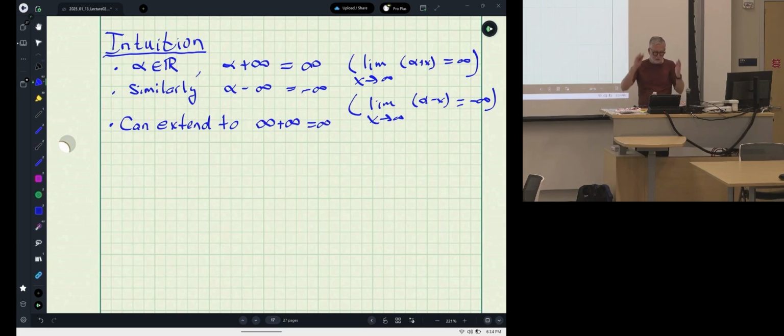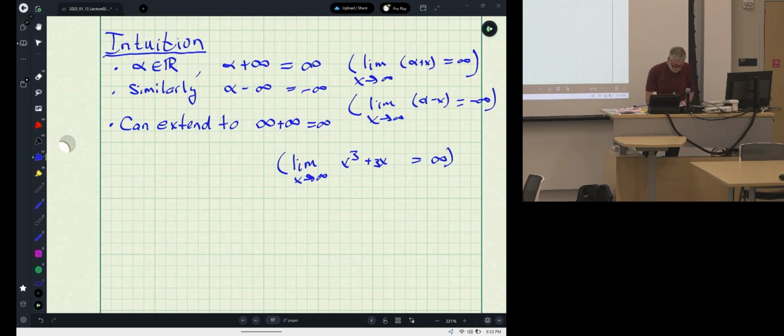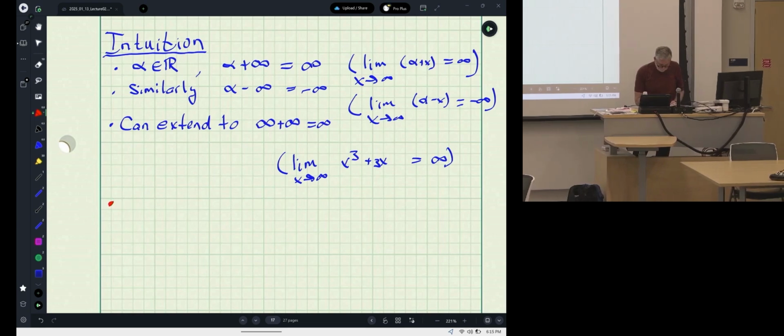And it's because no matter what quantity, this could have been the limit as x goes to infinity of x cubed plus 3x. If I break that up, the limit as x goes to infinity of x cubed is plus infinity, and the limit as x goes to infinity of 3x is infinity. The whole thing is infinity. That's okay. Very good. You guys are right with me.